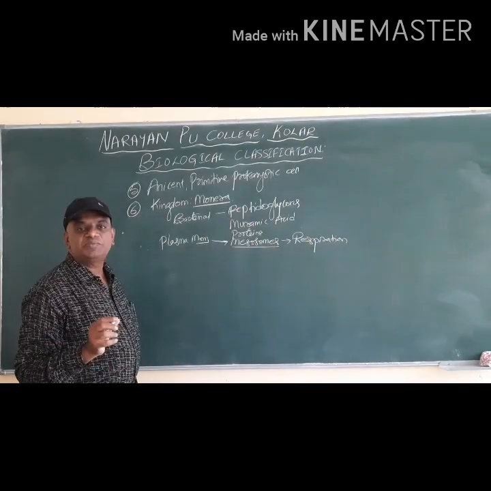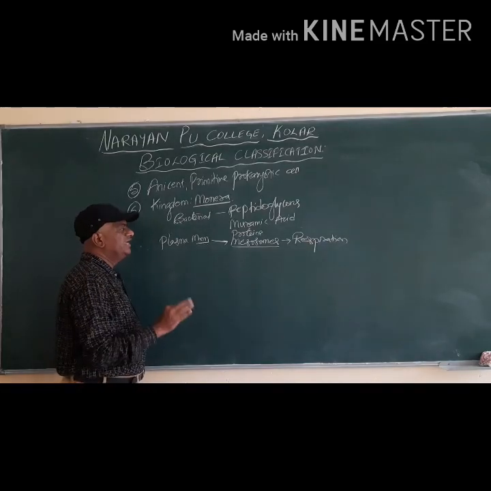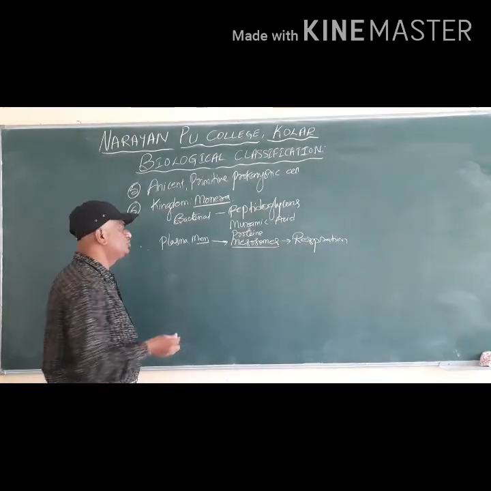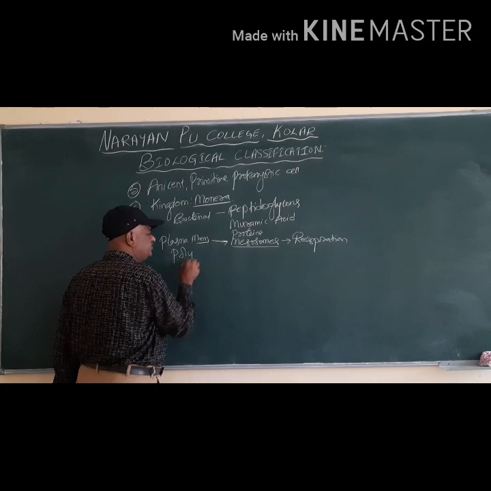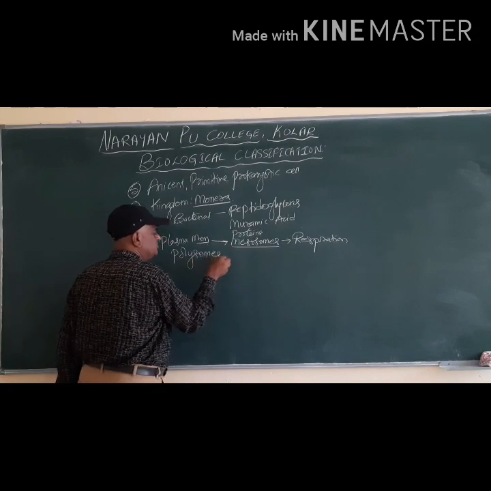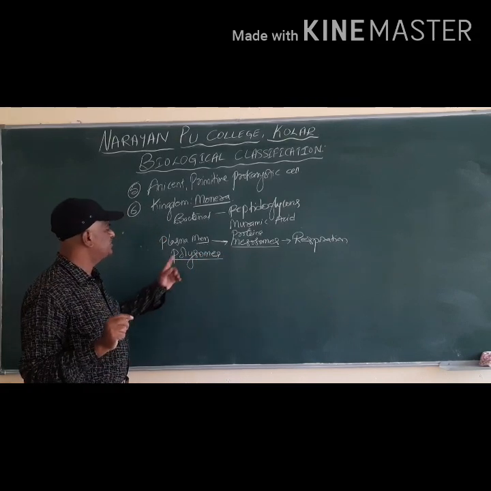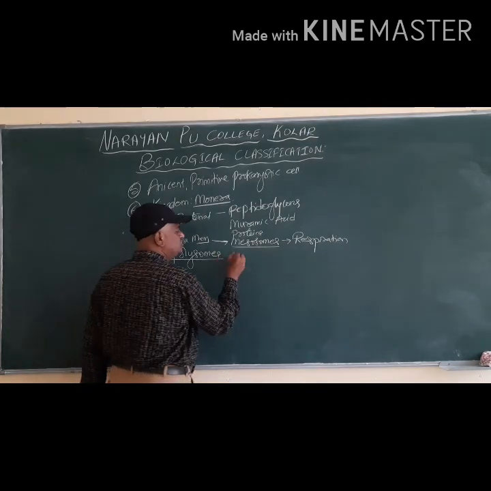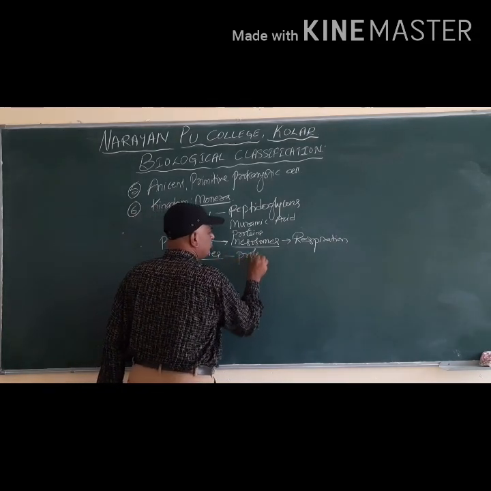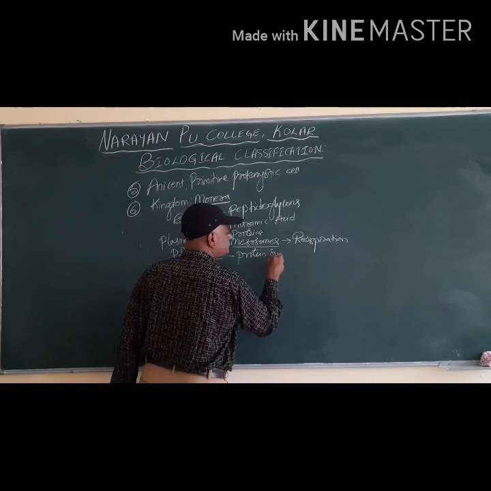All the cytoplasmic organelles are absent. They have 70S type of ribosomes that occur in a chain to form polysomes, and these polysomes help in protein synthesis.